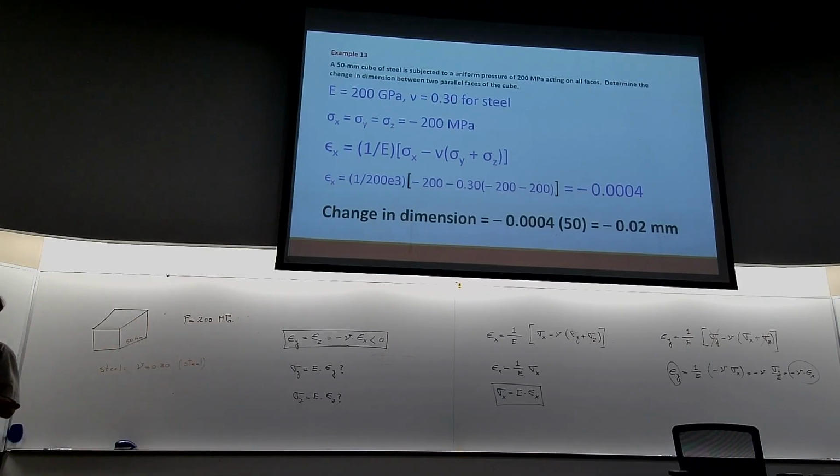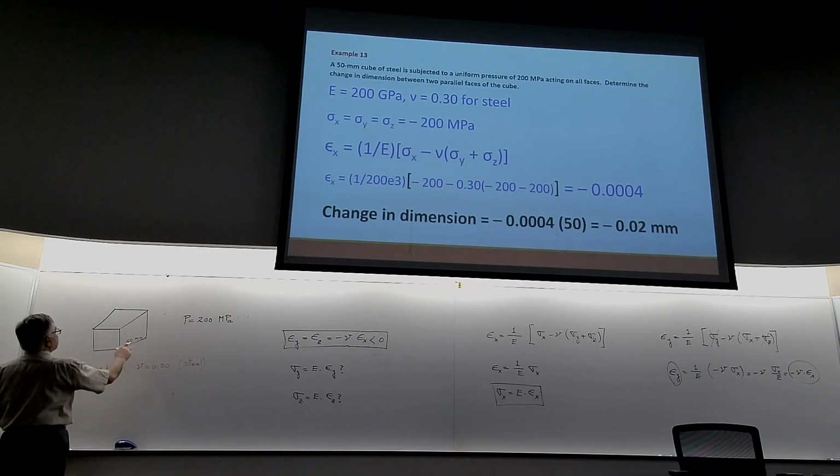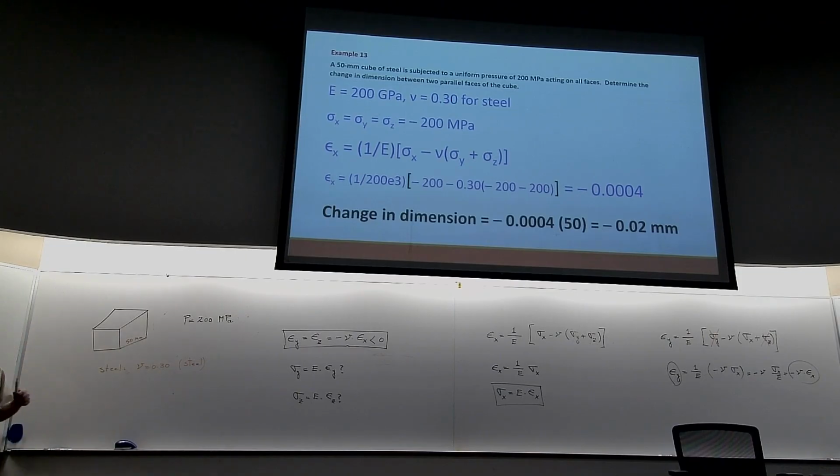This is a very high pressure because atmospheric pressure is about 100 kilopascal. So 200 megapascal is a lot bigger. As a result, this cube is going to shrink in size a little bit, and we want to find the reduction in one dimension, which is initially 50. And this cube doesn't look like a cube, but let's pretend that it is.